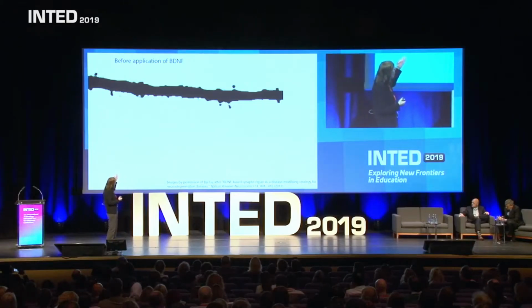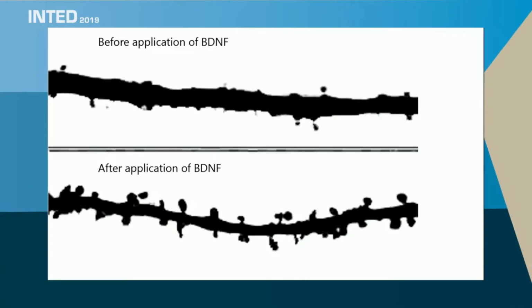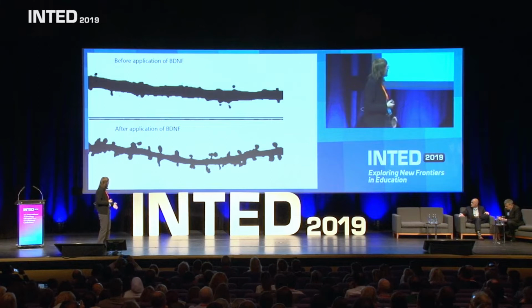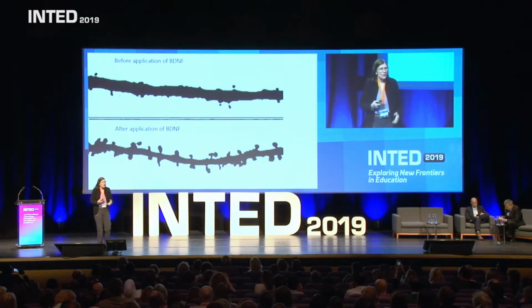Here's an image of a neuron before BDNF is essentially sprinkled on this neuron. And here is the same neuron after application of BDNF. Look at all those little dendritic spines that have just erupted. Can you see? It's a lot easier to make connections with these dendritic spines because they're just hanging around there waiting to get connected to something.